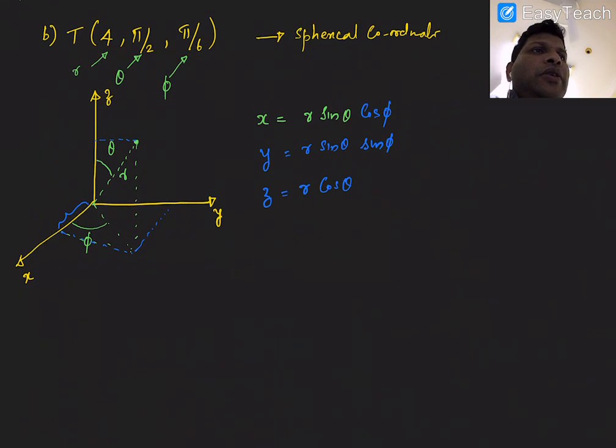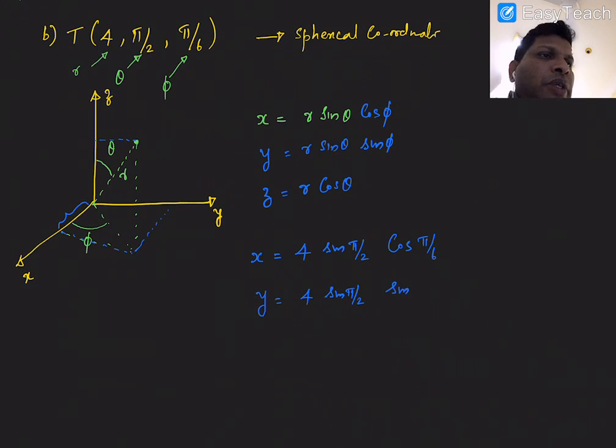Now in our problem, x is equal to 4 sine of pi by 2 into cosine of pi by 6, y is equal to 4 times sine of pi by 2 into sine of pi by 6, and z is equal to 4 times cosine of pi by 2.